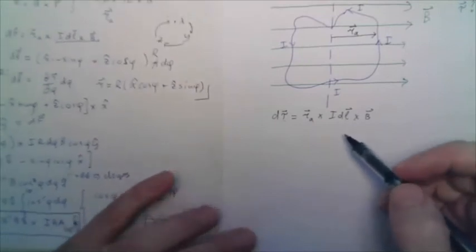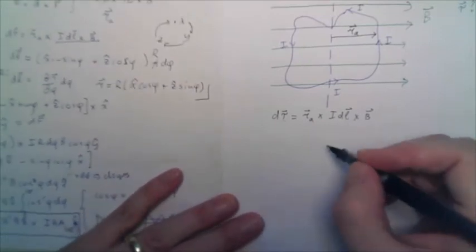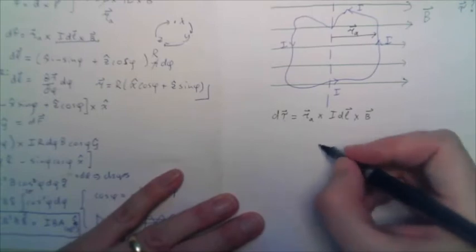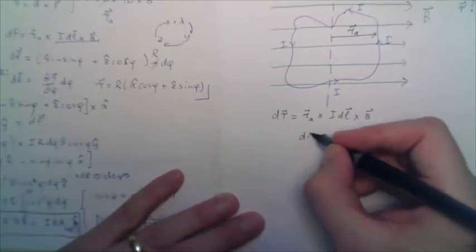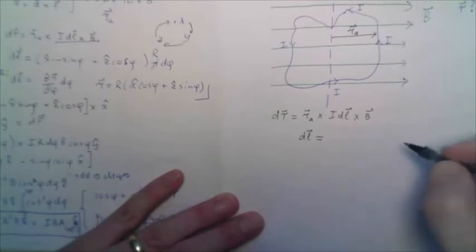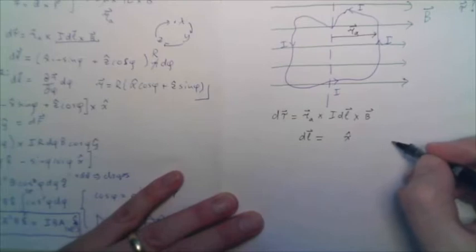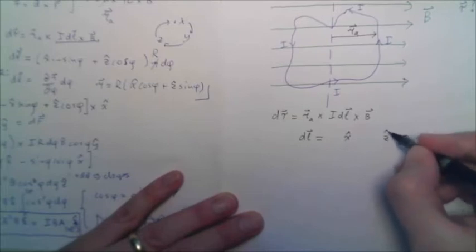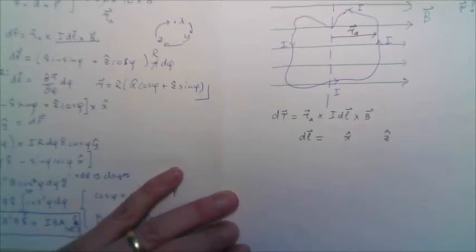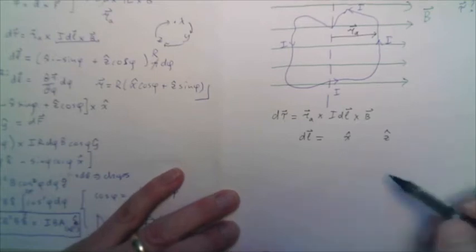Well, we're going to say that dl vector consists of two components. It's going to have an x component, and it's going to have a z component. And then once we have that, we will integrate.